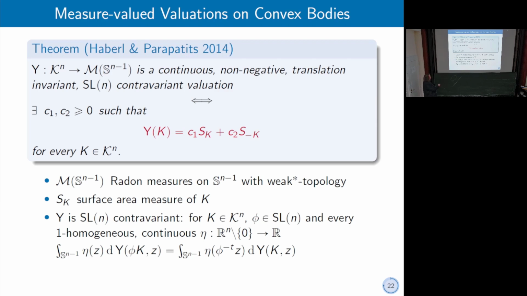And this is the definition they used. They say that this measure valued valuation is SL(n) contravariant if you look at such integrals for any one homogeneous function, then it has such a behavior. So this is a nice behavior under special linear transformations.